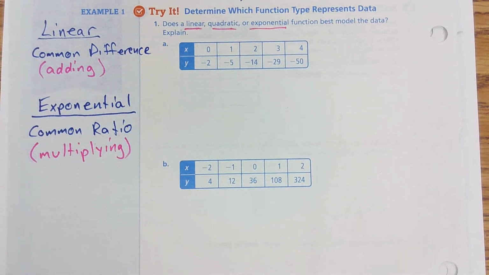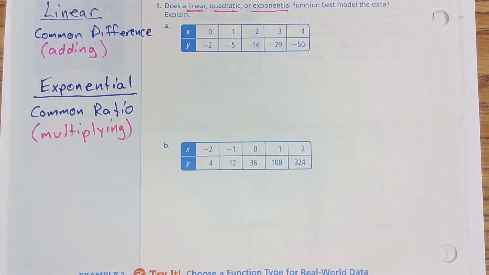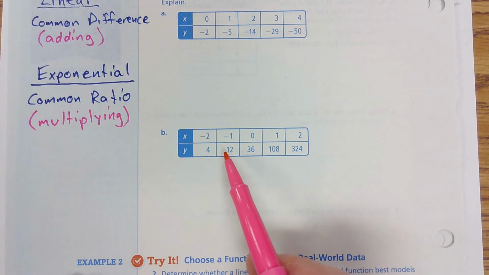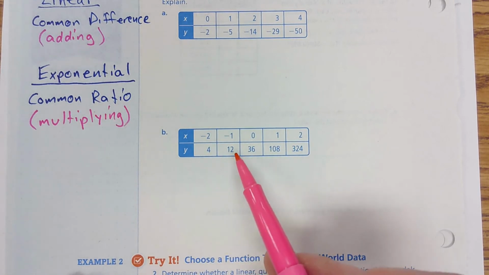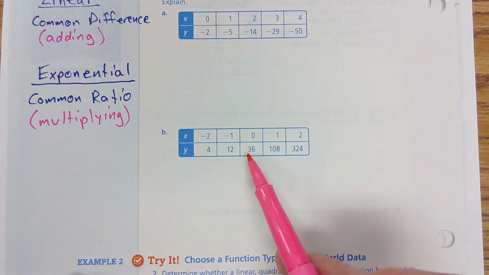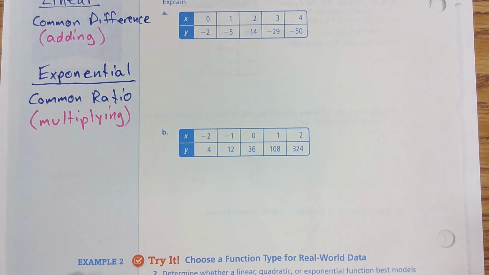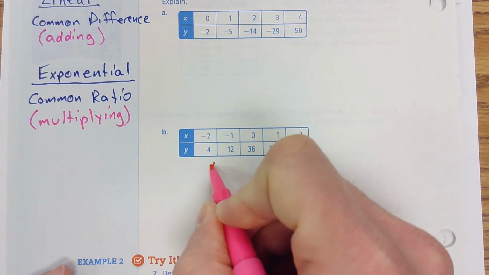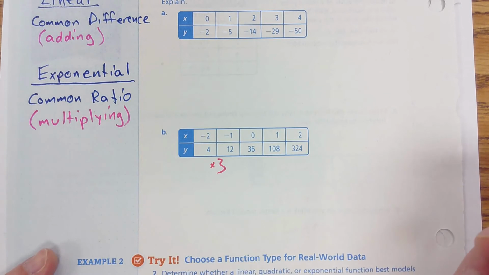So on the tables on the right, part B is an example of an exponential function. We can tell that because looking at the y values here, in order to get from 4 to 12, we could say we are adding 8, but that pattern would not continue for the next one. If we added 8, we would be at 20, not at 36, so we know it's not linear. So the next thing we could look for is, are we multiplying by the same thing? So to get from 4 to 12, we would be multiplying by 3.